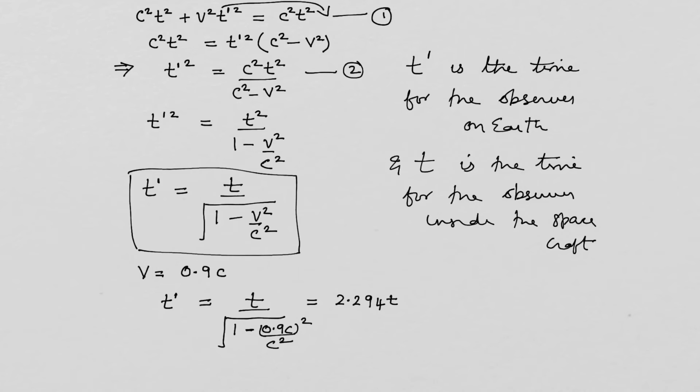Now let us take a case in which v is 0.9 times c. That means we are traveling almost at 90% the speed of light.